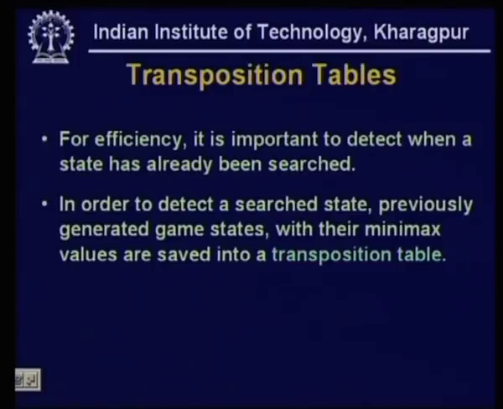In order to detect this, previously generated game states with their min max values are stored. This sort of transposition table will be important if you look at the game of NIM. In NIM there are many repeated states. So, if a node has been solved, it makes sense to store the state along with the backed up value obtained there to avoid repeated exploring of the same node.